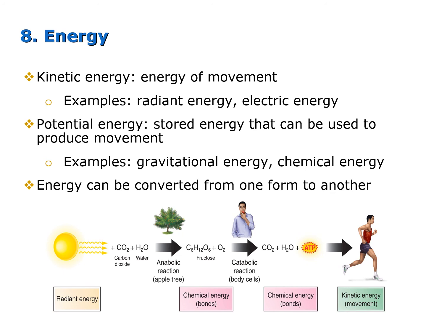By catabolic reactions, by working on that compound and decomposing it, the result is CO2, water, and energy, the ATP. Energy can be stored or used, and I can have enough energy to run and move. And you can see how energy is actually never destroyed. It's just converted from one form to another.